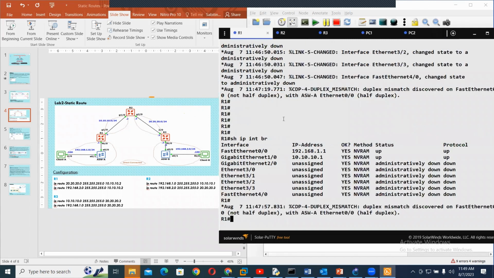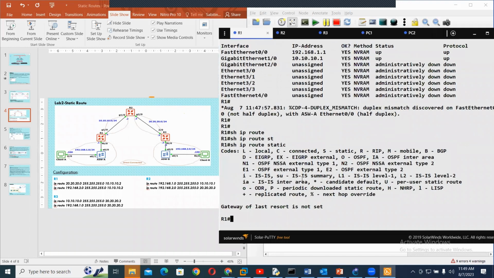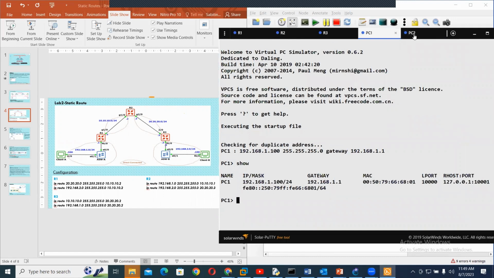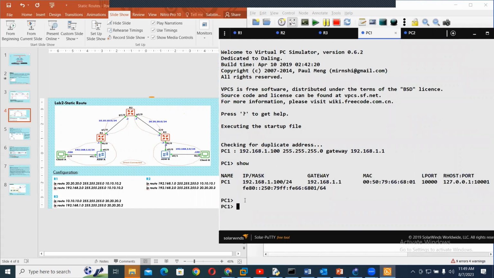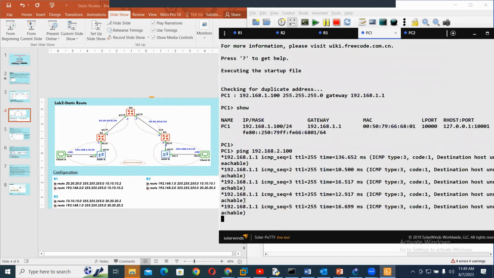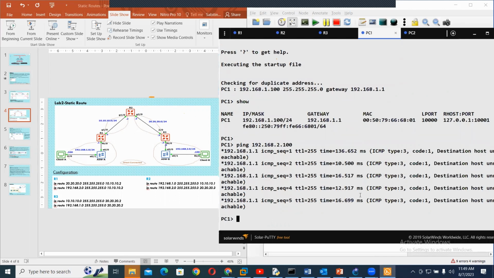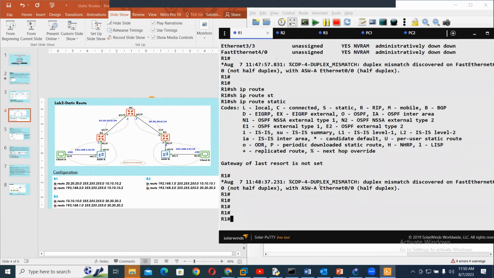Sorry, I was pinging on itself. Ping 192.168.2.100. As you can see, we cannot ping because we have not configured the routing, so they cannot communicate with each other. So now let's configure the routes.